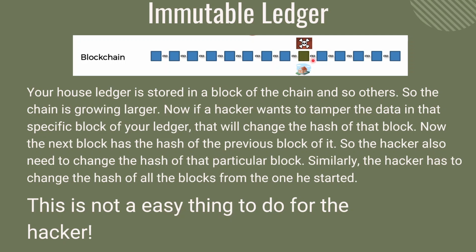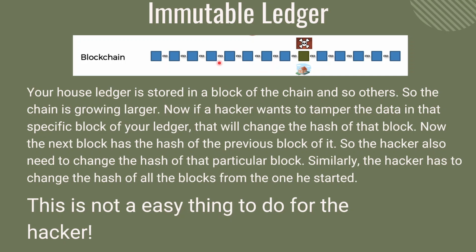As we know, every block has the previous hash value saved in it. So if the hacker tampers with the hash value of this block, he has to change the hash value for this block as well.